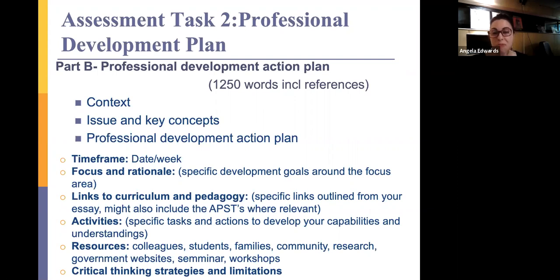But you really do need to draw on early childhood research and also the principles and approaches that you outlined in your essay. So you still need to focus on those pedagogical and curriculum practices to meet the unit outcomes.